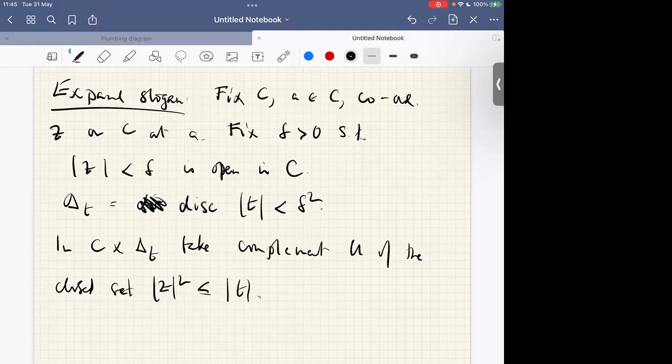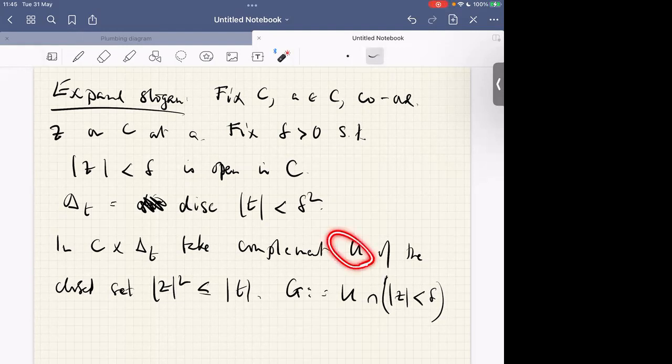And let's say, for convenience, we'll take G to be this open set U intersect the locus where the absolute value of Z is less than delta. Right. So the idea is that U is almost all of this product here, except I've deleted some parabolic region defined by this inequality.